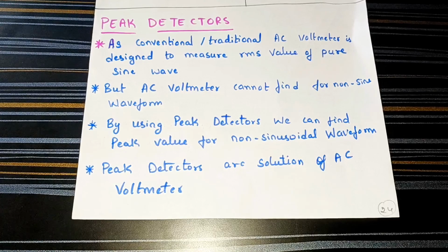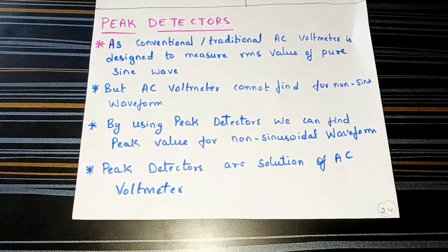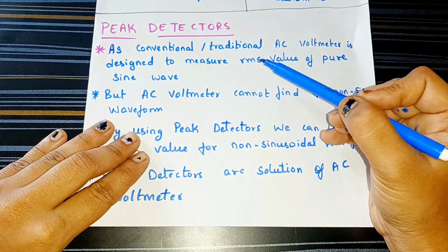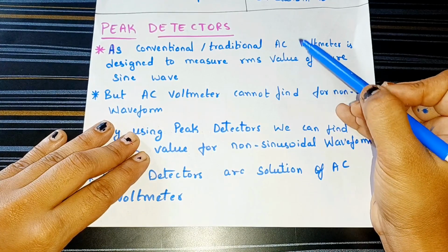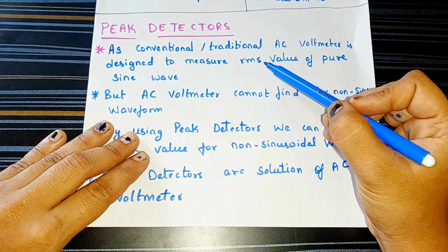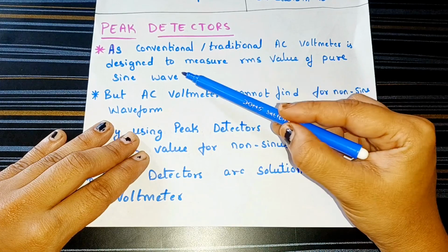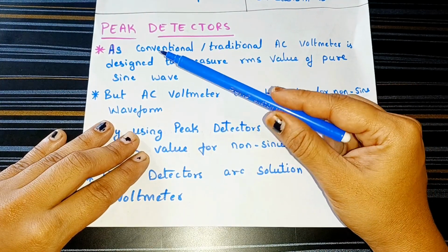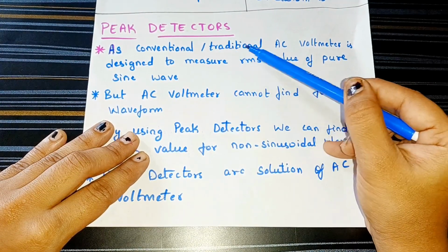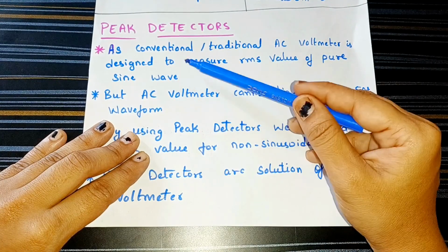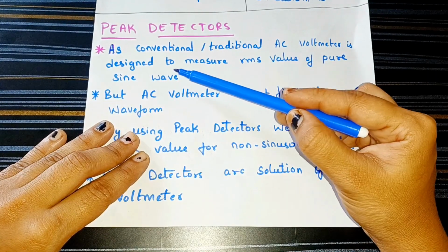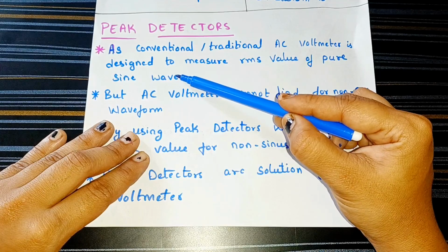So how did peak detectors come about? We know that the traditional AC voltmeter was used for calculating the RMS value of sine waves. That's why we say a conventional AC voltmeter is designed to measure the RMS value of a pure sine wave; it only calculated sine waves.